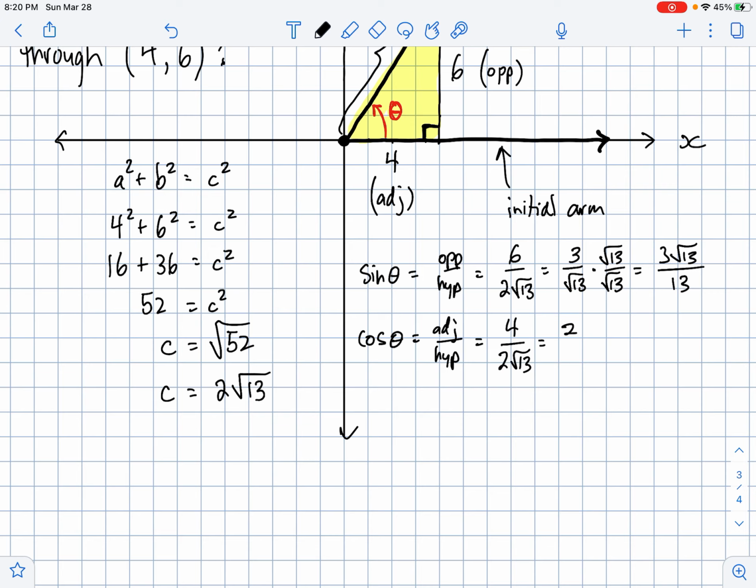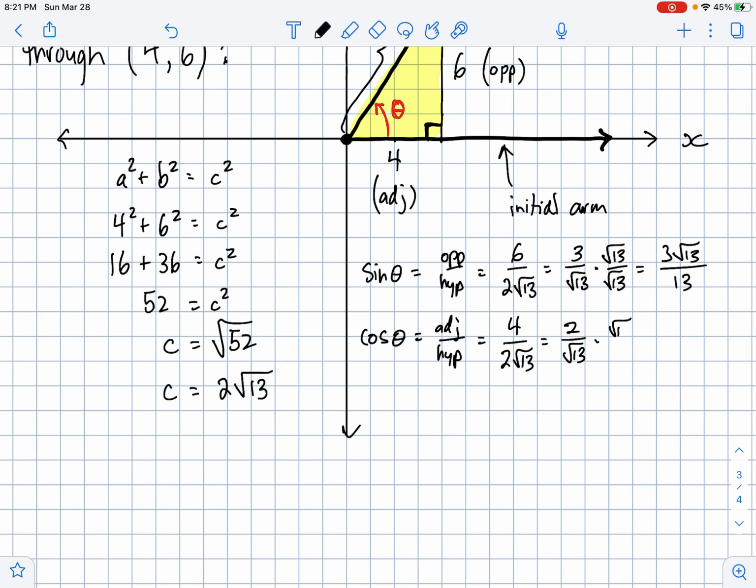Again, that simplifies to 2 over root 13, the 4 and the 2 cancel. And then rationalize. This is why we had to rationalize earlier in the course. So it's 2 root 13 over 13.